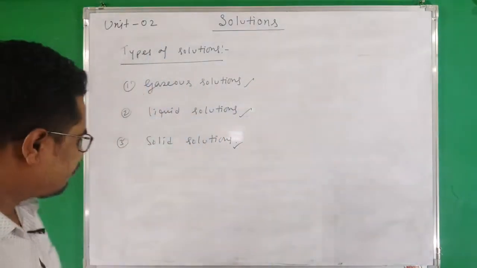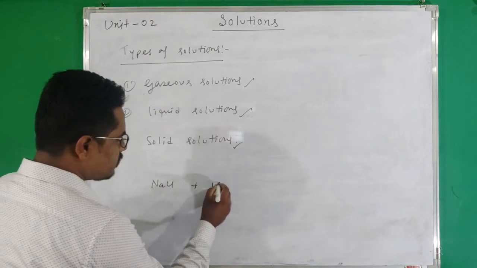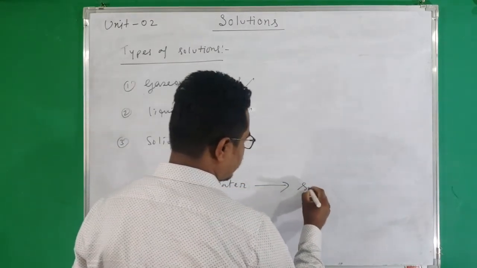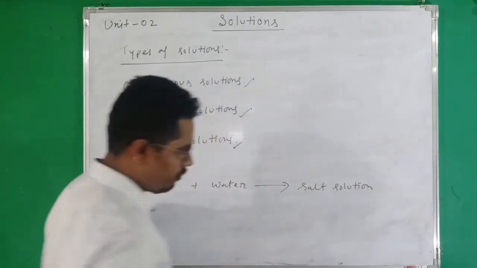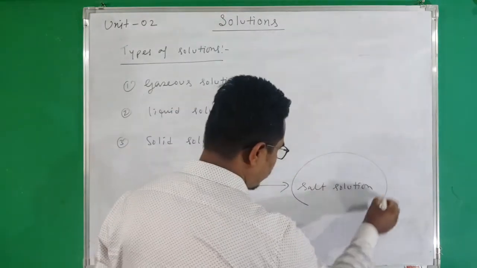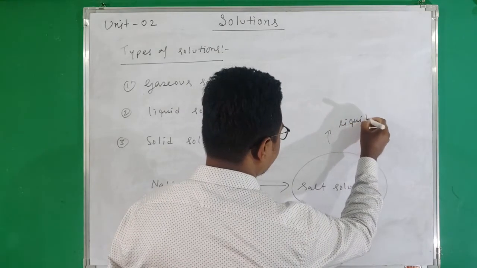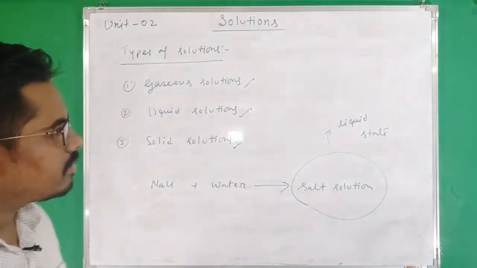We can take the previous example, that is sodium chloride mixed with water, we get the salt solution. If you observe, you will see that the salt solution is present in liquid state.